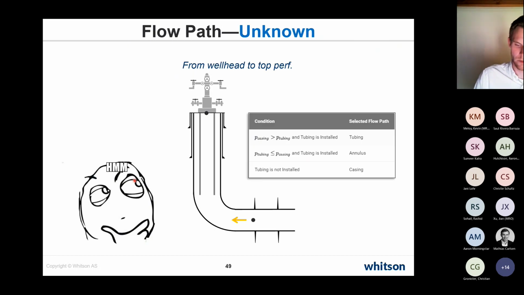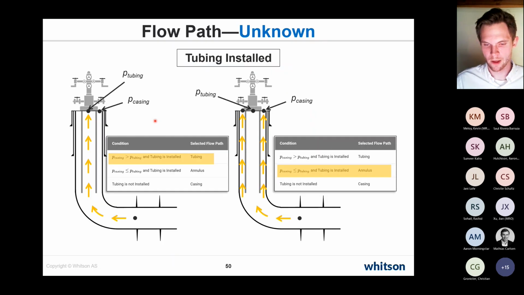Then we have one that's new since last time, that's unknown. And unknown is essentially when you don't really know where the flow is going. Perhaps you've acquired an acreage or an asset recently that you haven't had time to investigate the different flow. You just want to get something quick and dirty. You can use unknown, and the logic there is quite simple. We're just assuming that the well stream flows against the smallest back pressure.